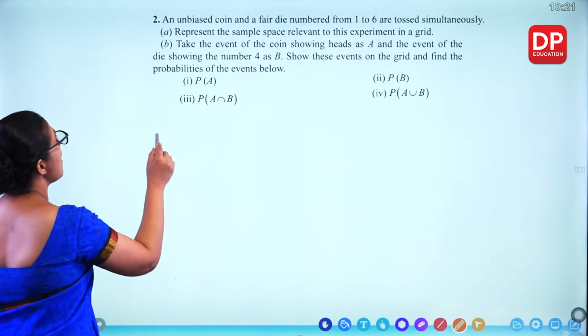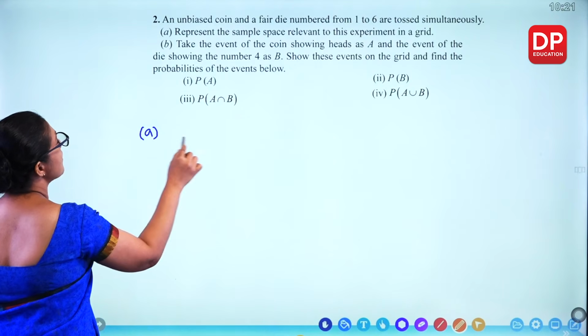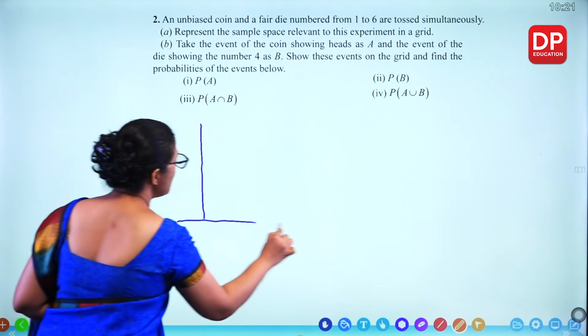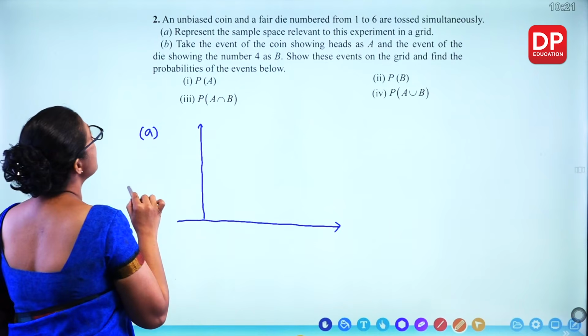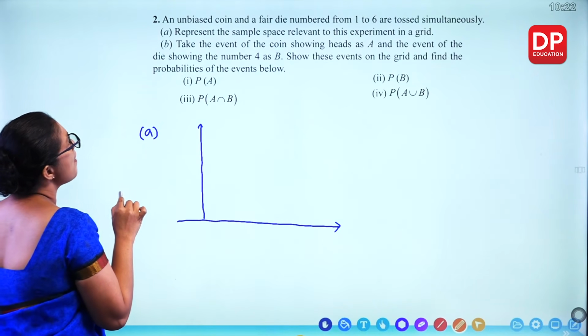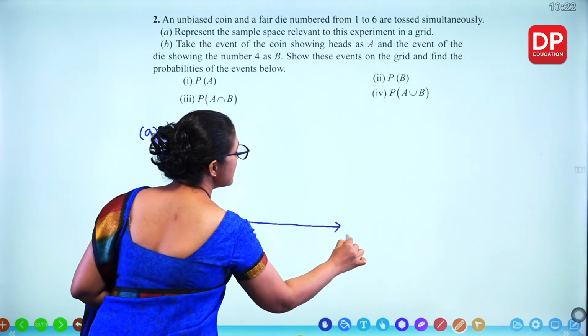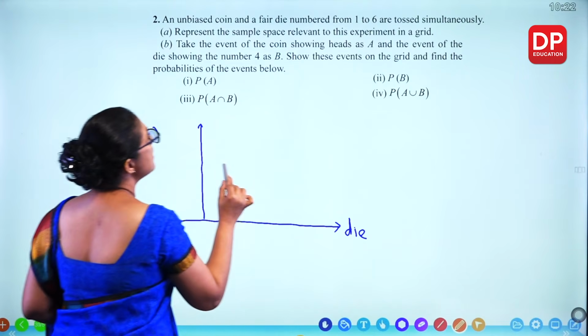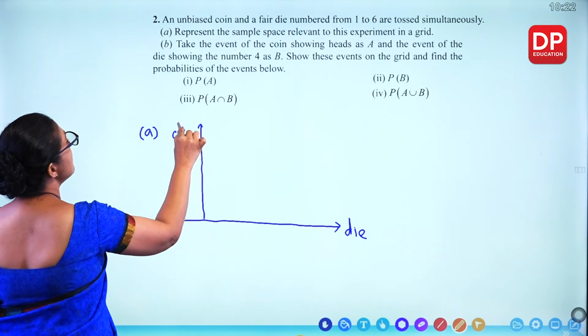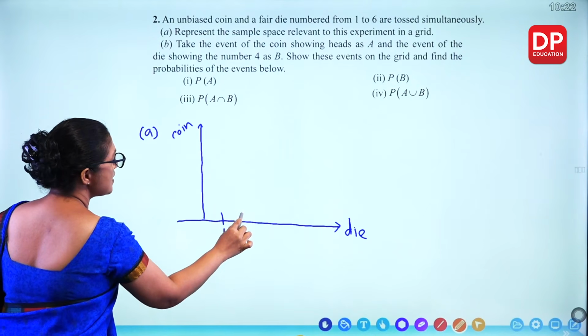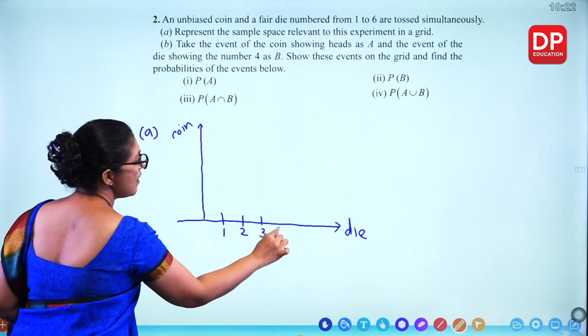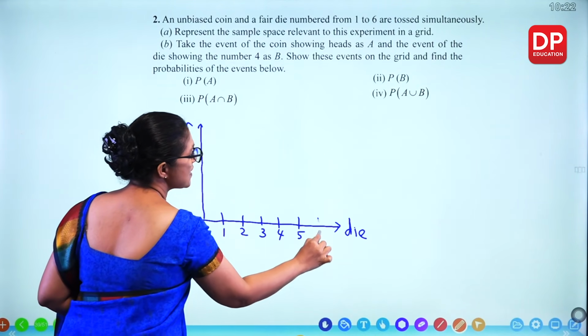So first thing, we have to draw the diagram. When we draw the sample space diagram, what is the first side? We can take the numbers, the fair die, on one side and the coin on this side. So die, what are the numbers? 1, 2, 3, 4, 5, 6.